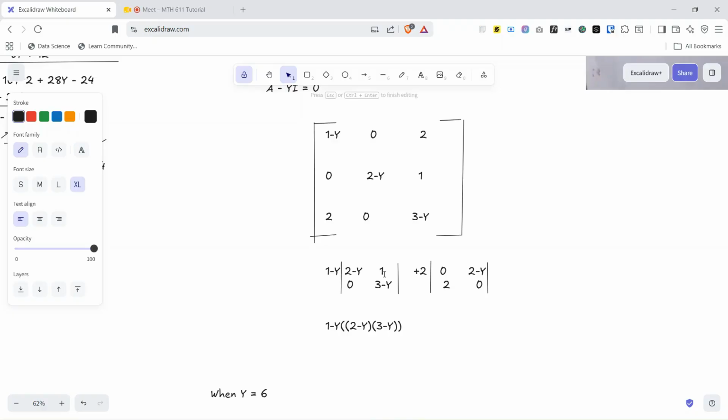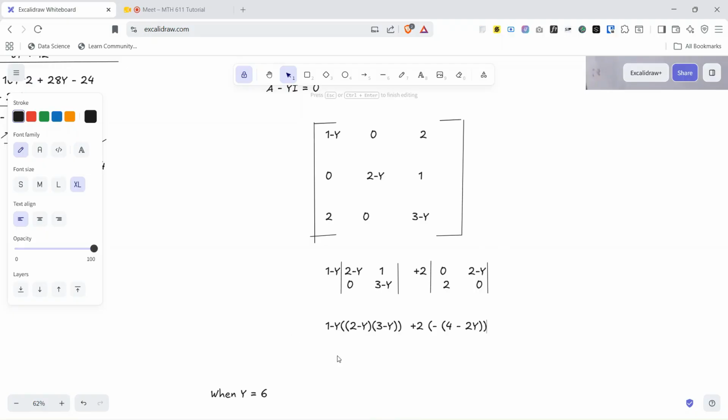Yes, because the other one will be 0 times 1, which is already 0. Plus 2 into 0 times, this is 0, then minus 2 times 2, here is 4, minus 2 lambda.